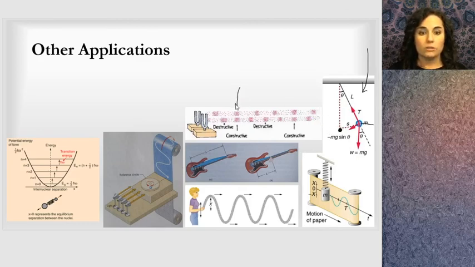For particles oscillating in, like, a sound wave, they oscillate back and forth. They bump against each other. There's no spring attached to them, but we can model it as a spring back and forth, and they will have a maximum potential energy and a maximum kinetic energy. The same is true for a guitar string. You can see if you vibrate a guitar string back and forth, it will come to rest at the maximum amplitudes, and it will have the maximum speed through the center.